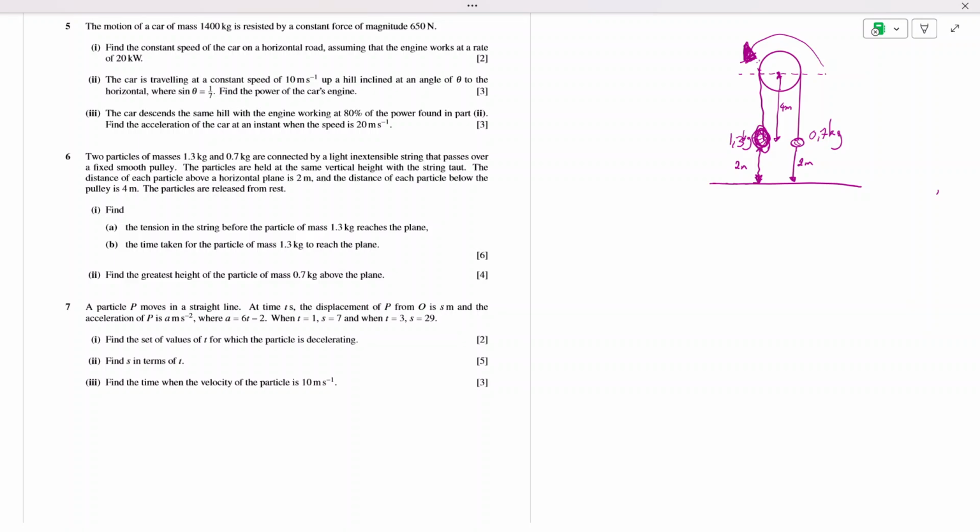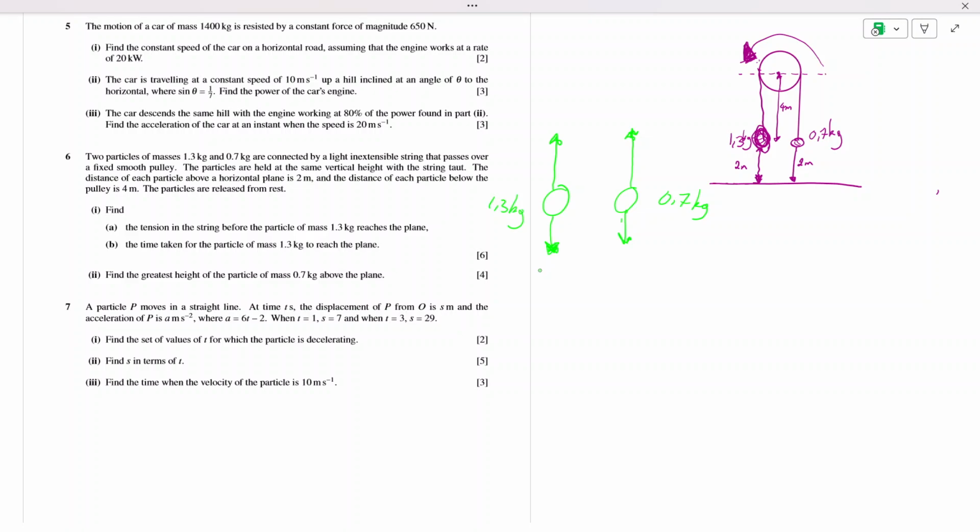So what I'll do, I'll resolve the forces. From the diagram, I'm going to draw a side diagram to show you the forces acting on each particle, right? This is the 1.3 kg mass particle, 0.7 kg particle.